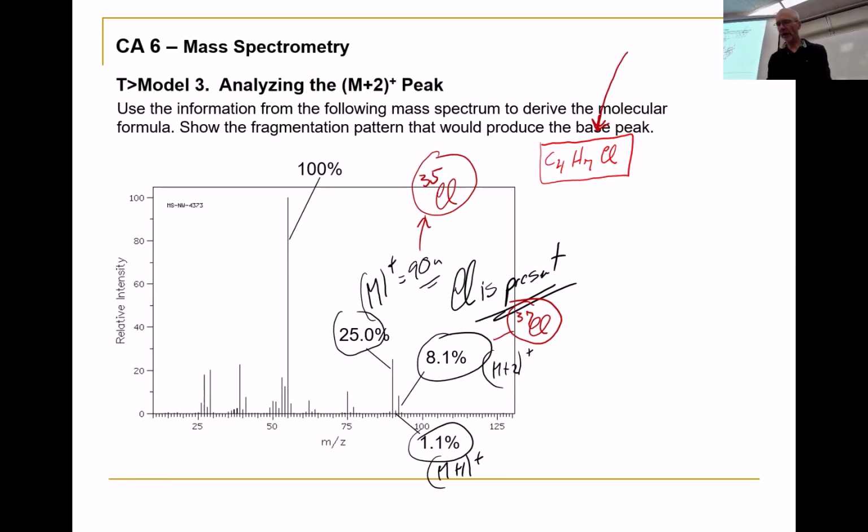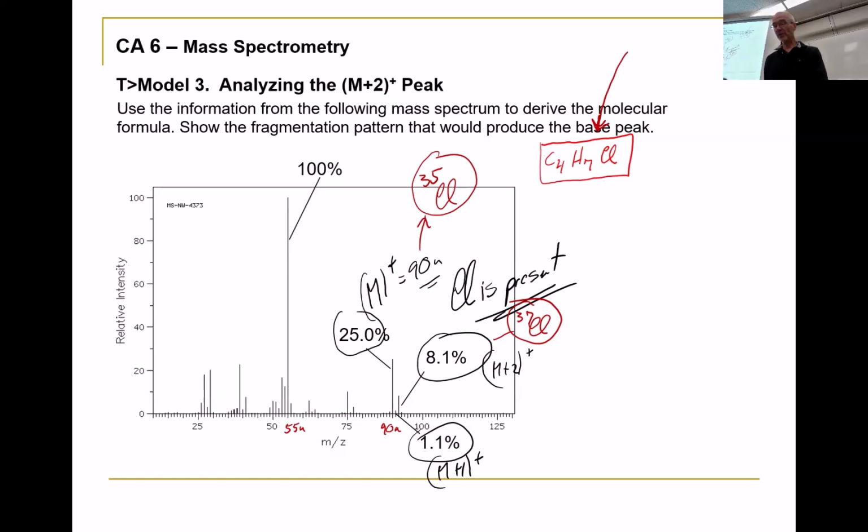And it is helpful to keep in mind what the corresponding numbers are in terms of the masses. And so the mass here is 90 atomic mass units. And the base peak is occurring at around 55 atomic mass units.